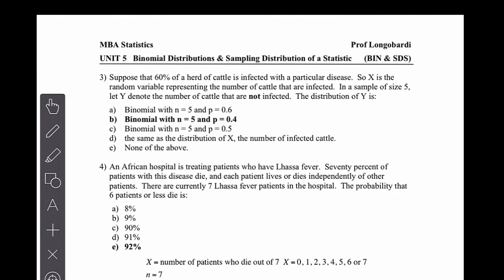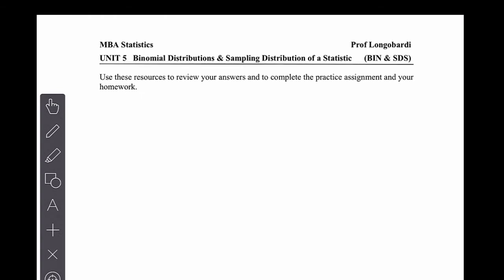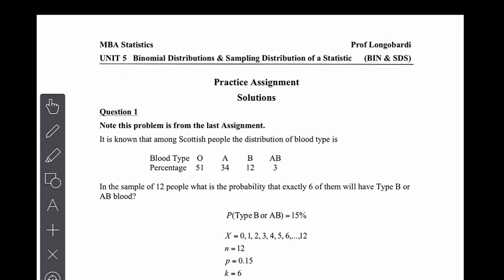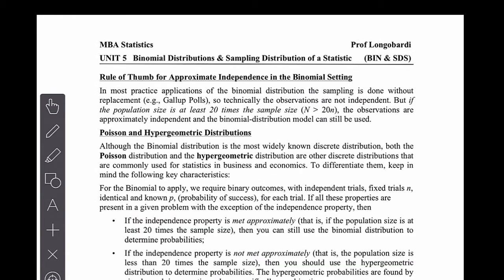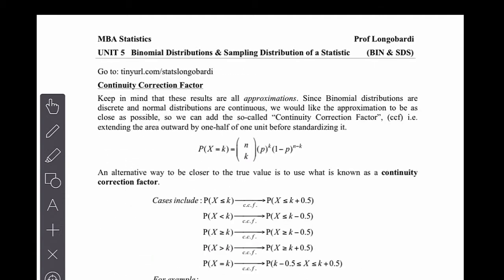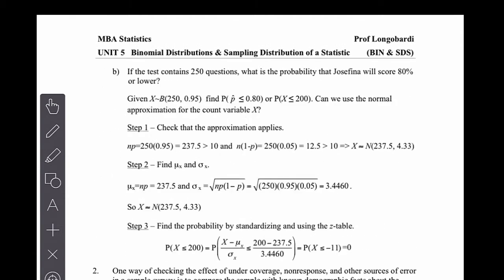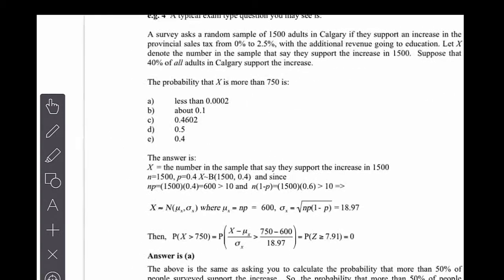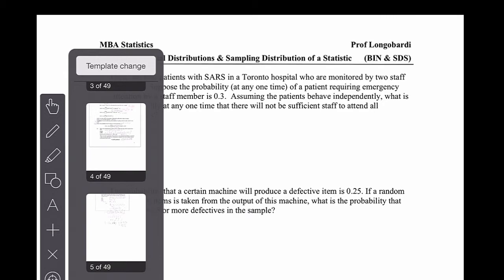Remembering everything we did. Did I skip all this? I don't believe I skipped all this. No. Where are my exercises? Okay. All right, so here we are.